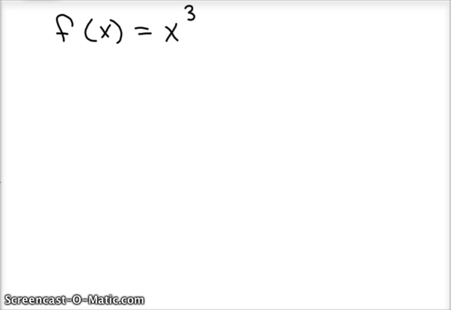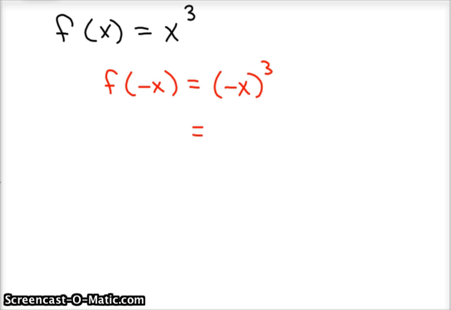Well, it actually isn't too bad of a process. Basically, to test it, you're just going to plug in negative x into the function. If you plug negative x into x cubed, you'd have negative x to the third power, which is negative x cubed.